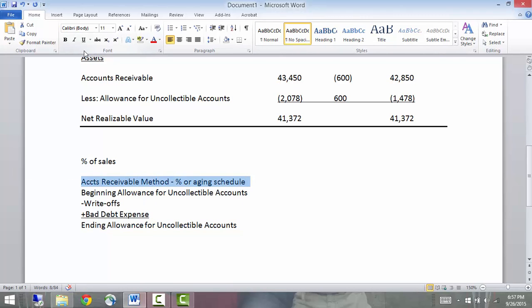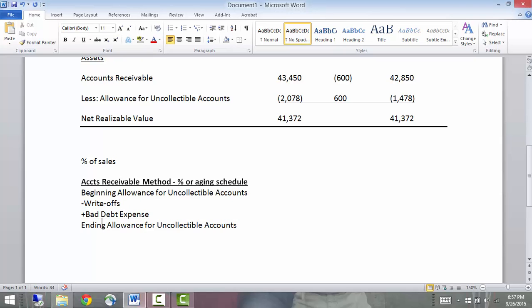And this may make more sense after we do a problem, but I just want to have this in your notes. So if you're using the accounts receivable method, you'll use it for some of our homework problems and also for the quiz problems. This formula will come in handy. If the problem tells you the beginning allowance for uncollectible accounts, like what you had on January 1st, and then tells you during the year you had so many write-offs, then you're going to subtract out write-offs.